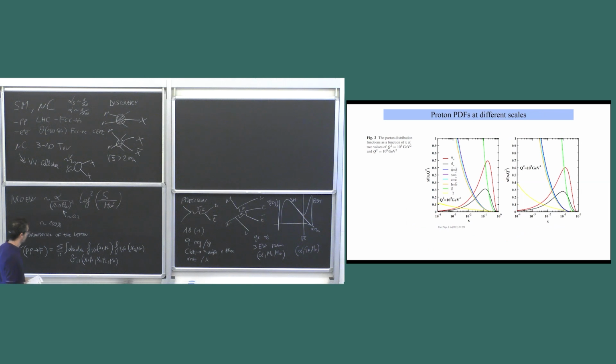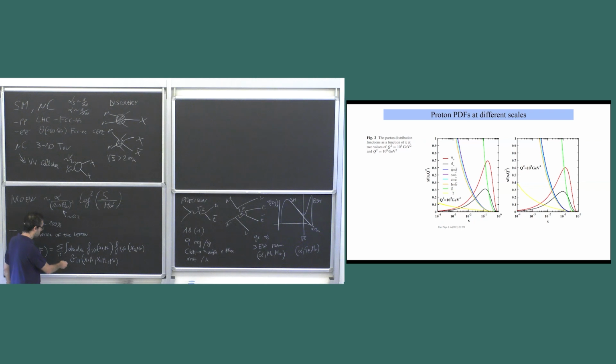So this is the partonic cross-section, and then you have the parton distribution function. This is the probability to have the parton i that carries away a fraction x1 of the momentum of the proton, and similarly the parton j from the other proton.